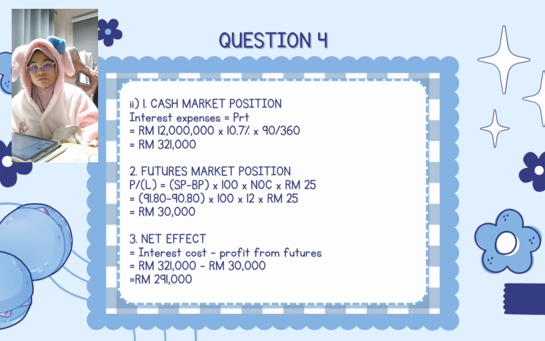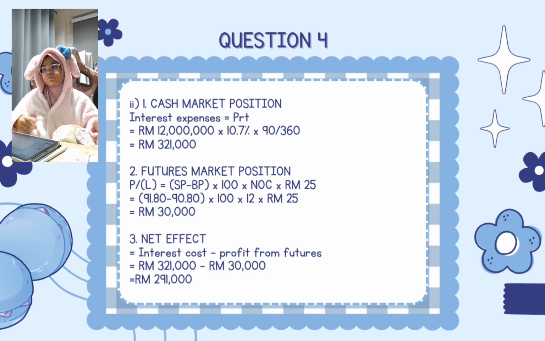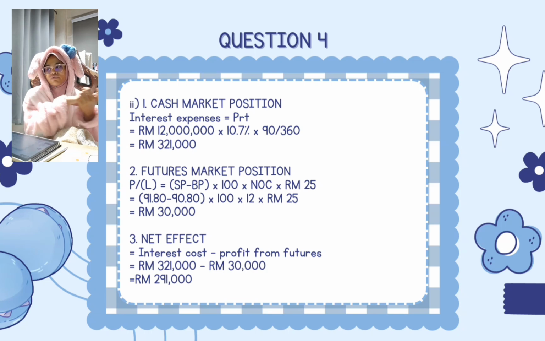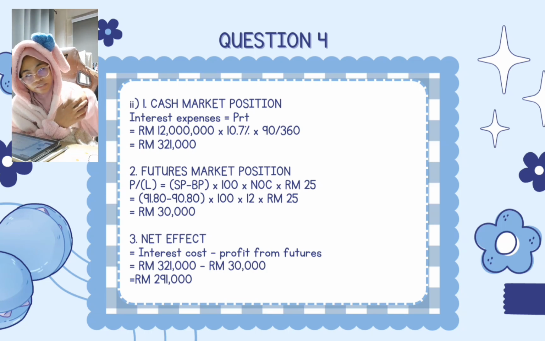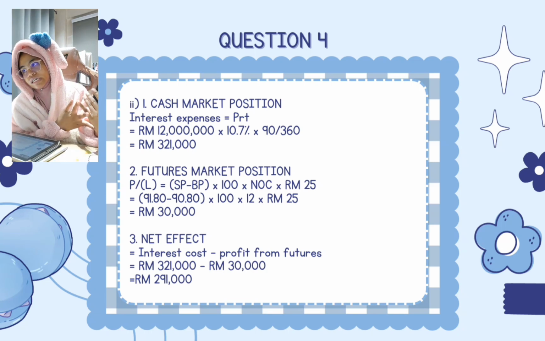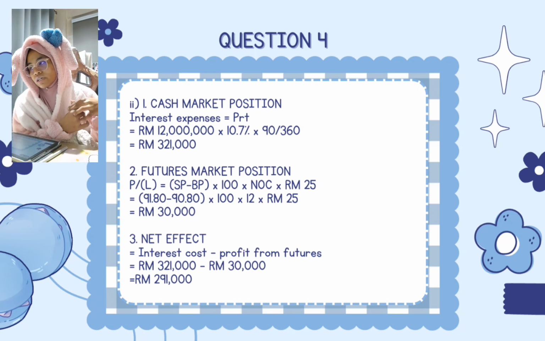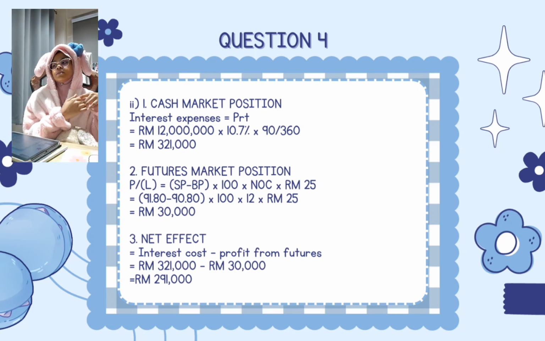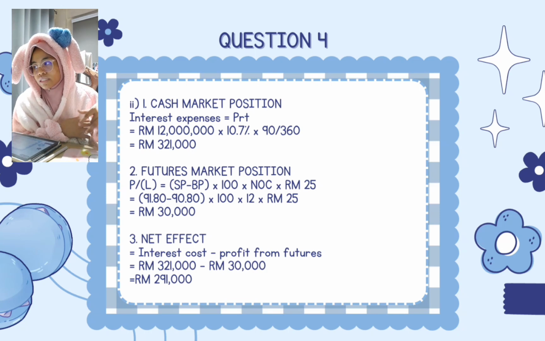So why RM25? The futures market position is multiplied by 25 ringgit because the FKB3 contract has a fixed tick value or contract multiplier of 25 ringgit. This is a standard specification set by Bursa Malaysia Derivatives to determine the monetary value of price movements in the contract.